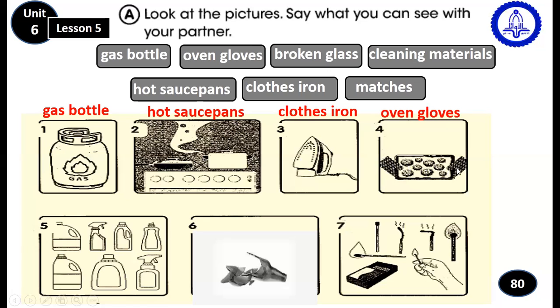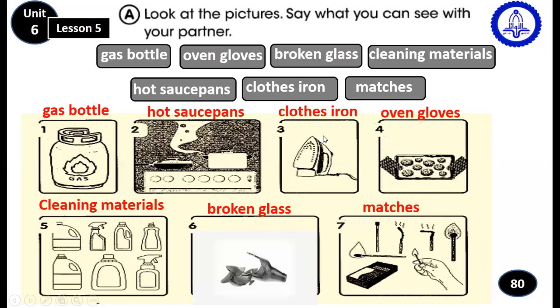Picture 5 represents cleaning materials. Picture 6 represents broken glass. Picture 7 represents matches.